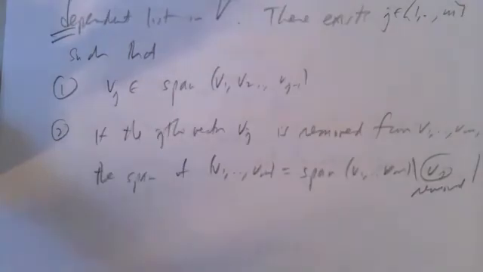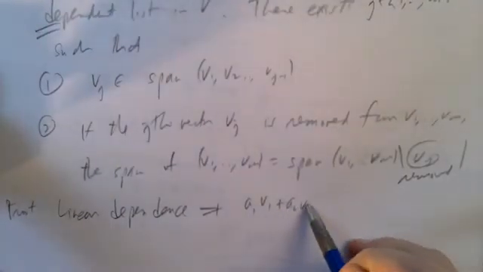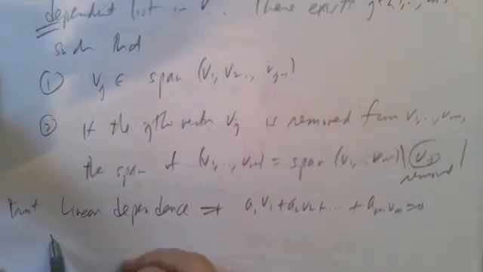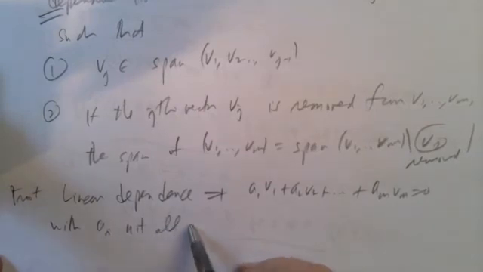So this depends on the vectors being linearly dependent, right? So if the vectors are linearly dependent, this is the proof of the first statement. Linear dependence means there's some linear combination, A1 V1 plus A2 V2 up to A sub m V sub m equal to 0, with the coefficients A sub i not all 0.